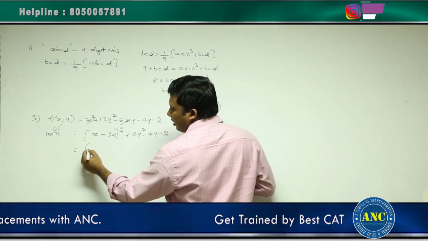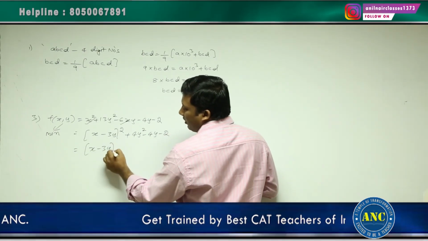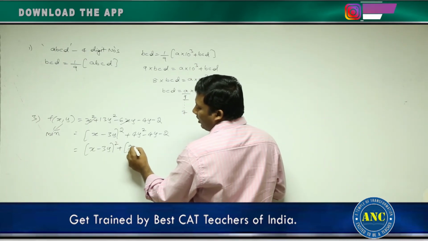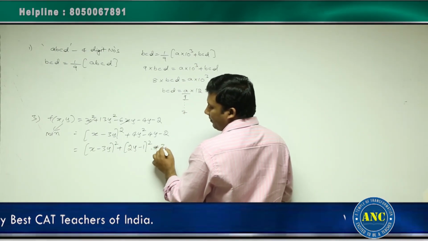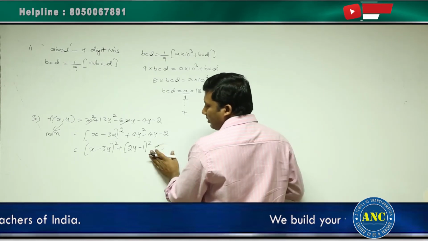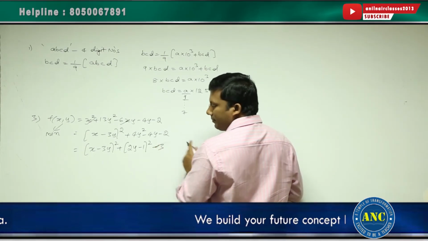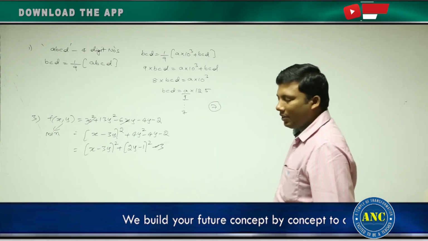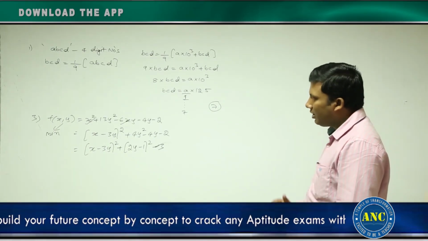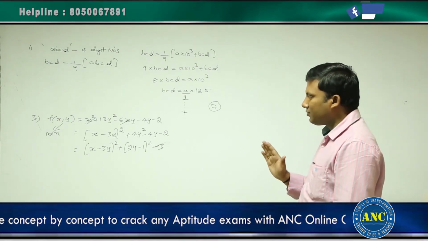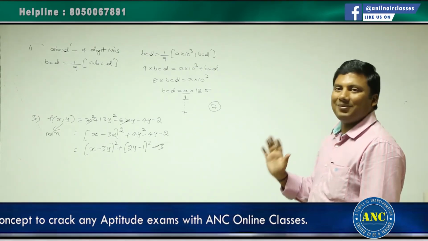So this is nothing but x minus 3y whole square plus 2y minus 1 whole square plus 1 minus 3 minus 2.